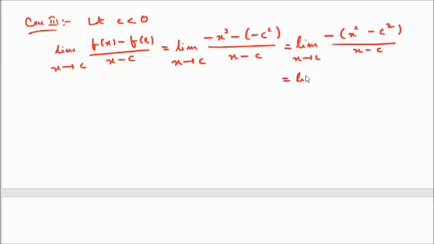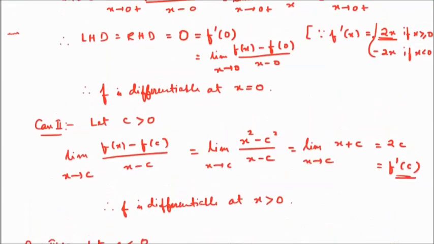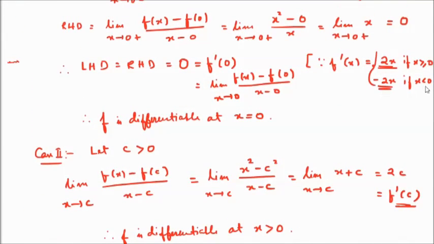So this is nothing but limit x tends to c of minus x plus c, which is equal to minus 2 times c, and this is equal to f dash of c, because for c negative, my f dash of x takes the value minus 2x when x is negative.